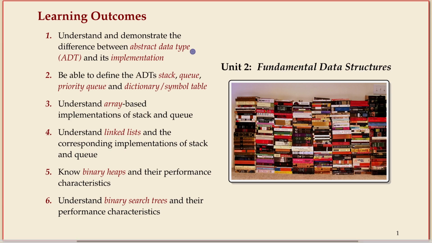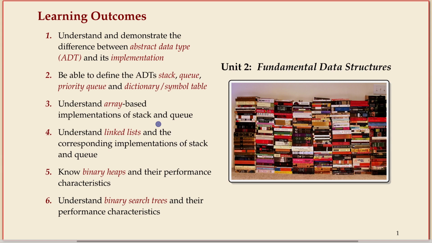So specifically, what I want you to take from this: the distinction between an abstract data type and its implementation, something we'll talk about. Then a list of concrete abstract data types that I think are useful to know outside of this unit as well, outside of this module. We'll specifically look at a few implementations, these that are listed here.